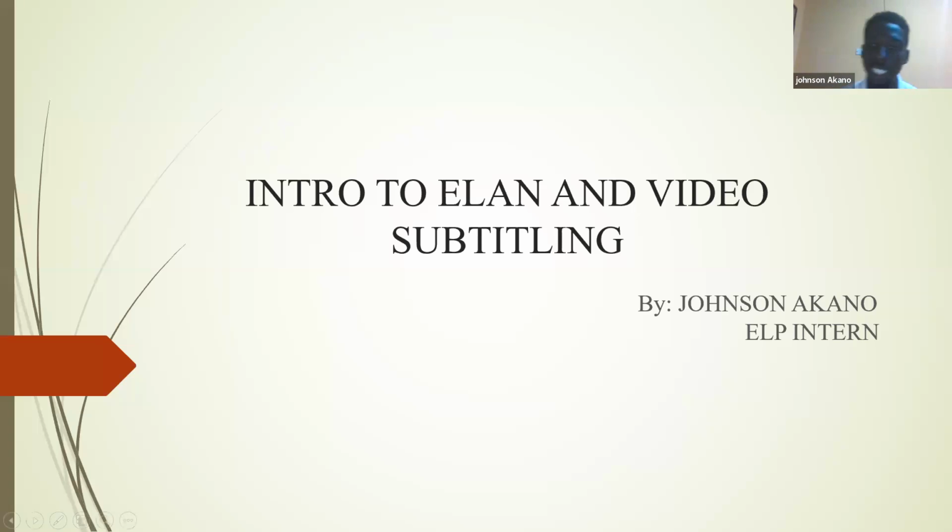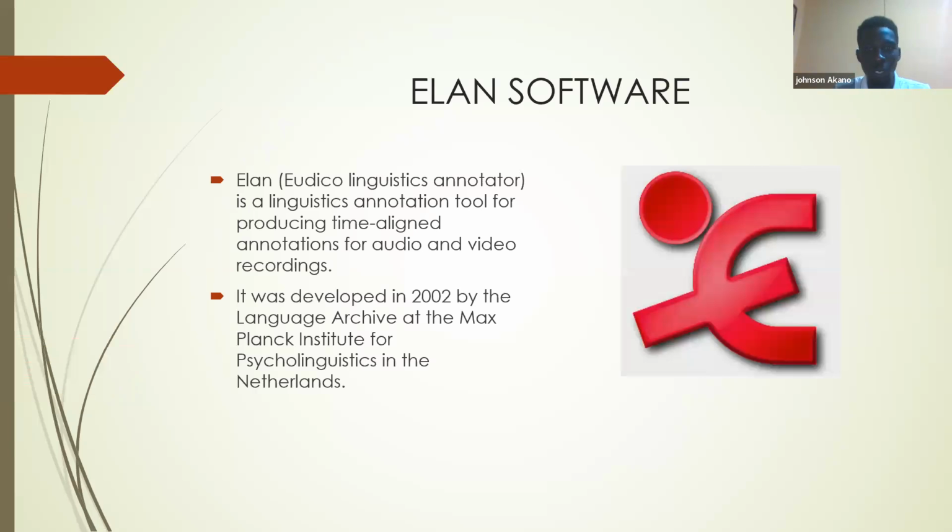Intro to ELAN and video subtitling. So let's just go. What's ELAN software? ELAN, the full meaning is EUDICO Linguistic Annotator. This is a linguistics annotation tool for producing time-aligned annotation for audio and video recording. Probably you've gone to the field to get language data from native speakers, and you have your audio and video recordings.